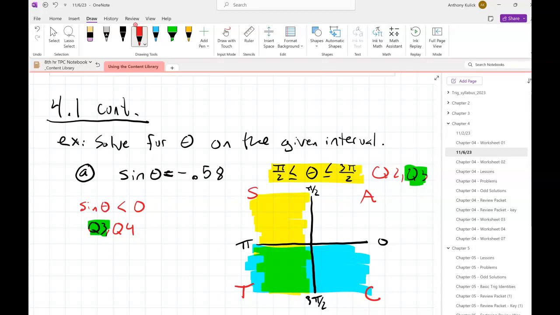In quadrant 2, the S stands for sine is positive in quadrant 2. If sine is positive in quadrant 2, cosine and tangent must then be negative if they're not positive, right? In quadrant 3, we have a T that stands for tangent is positive in quadrant 3. And so sine and cosine are negative in quadrant 3, right?